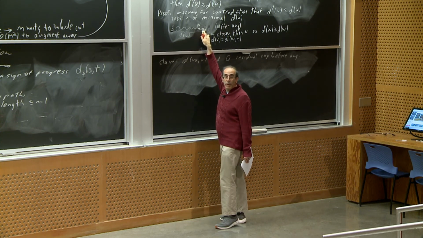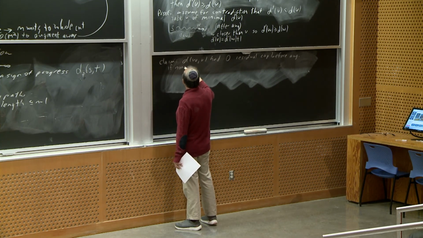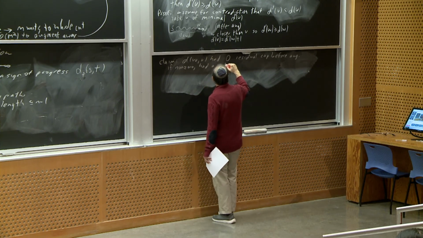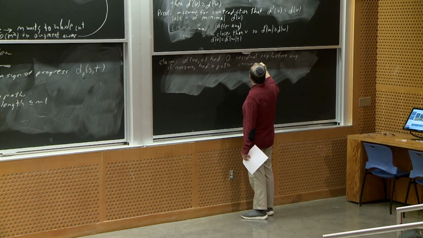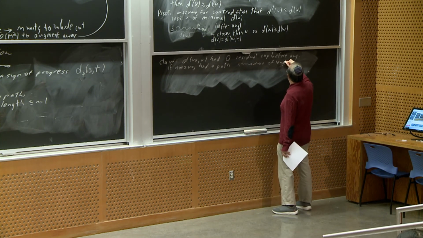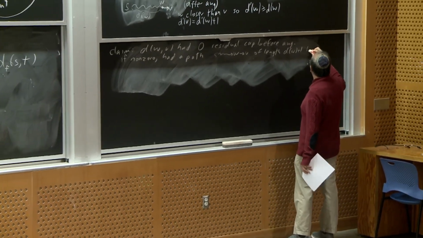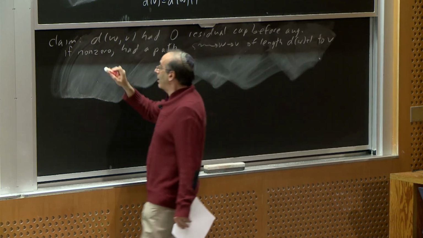That's a path to V, right? If it was non-zero, then we had a path from S to W to V of length d of W plus 1 to V before the augmentation.